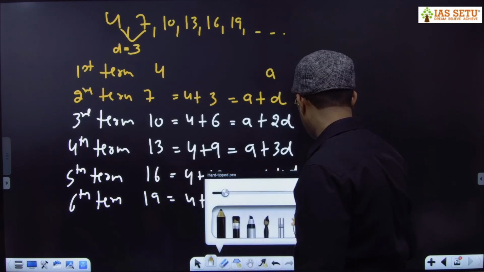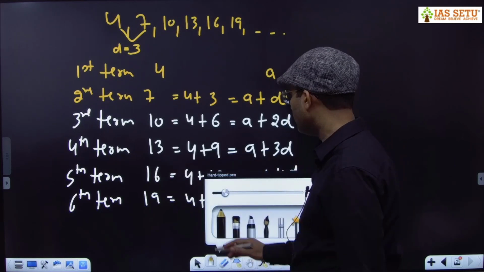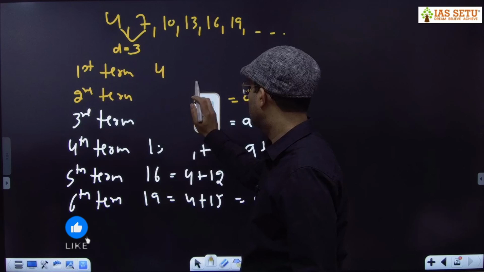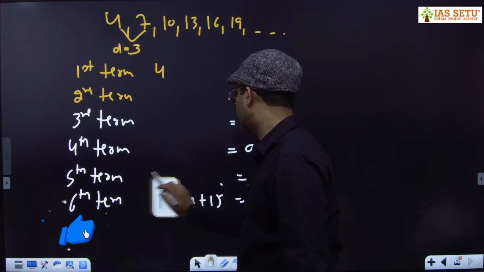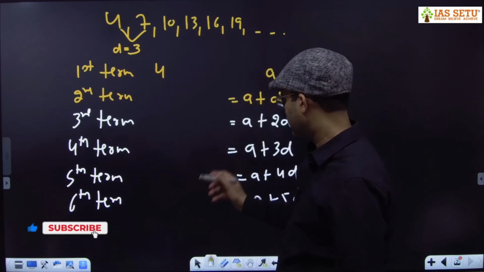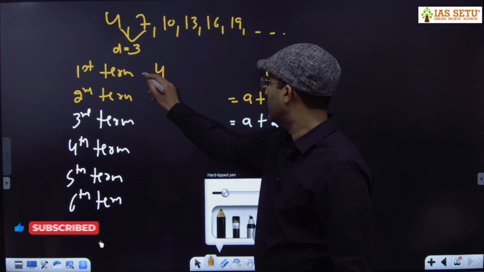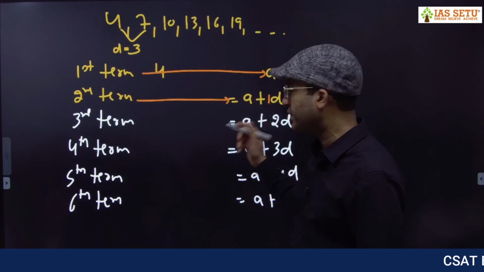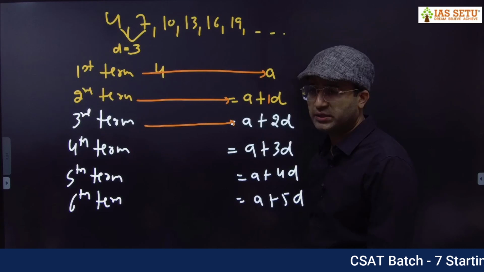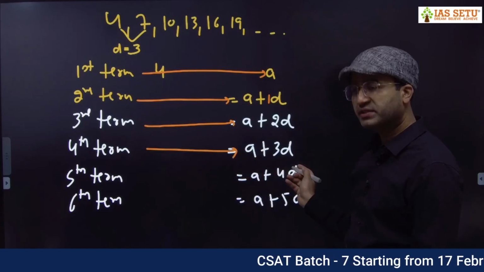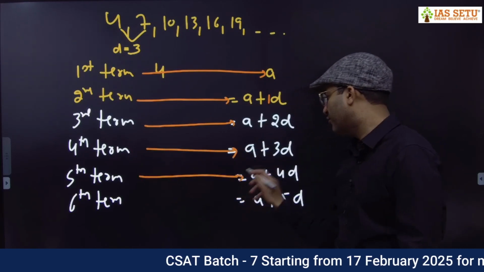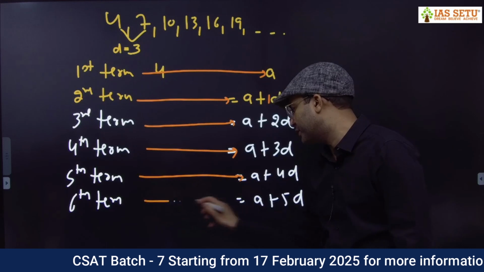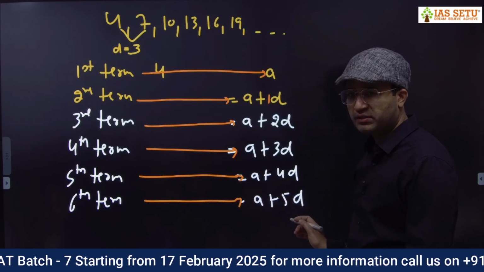Now we make an observation. First term is A. Second term is A plus 1D. Third term is A plus 2D. Fourth term is A plus 3D. Fifth term is A plus 4D. Sixth term is A plus 5D.